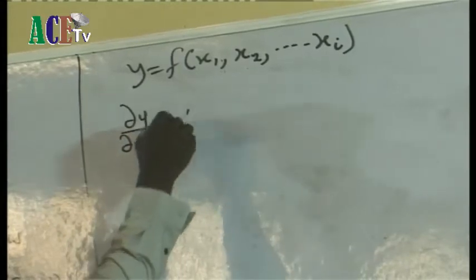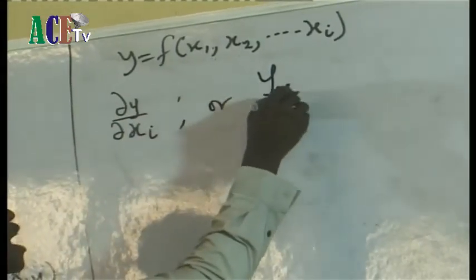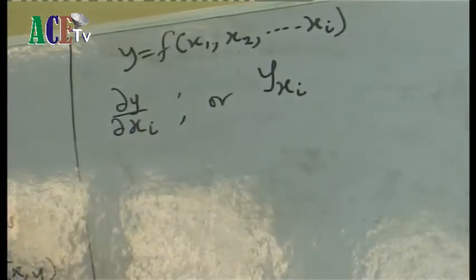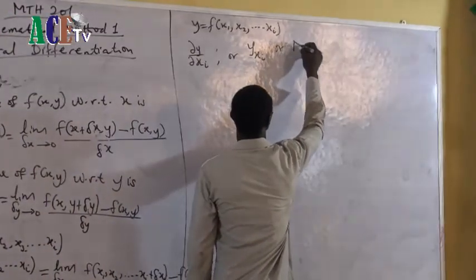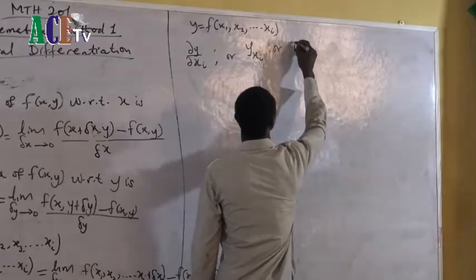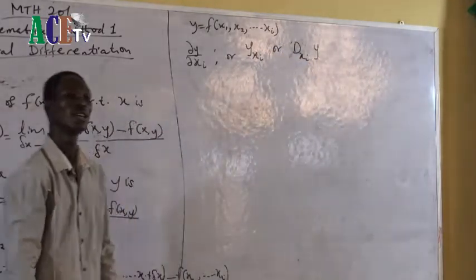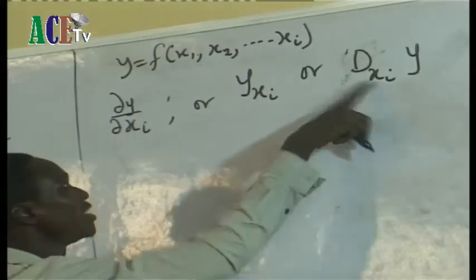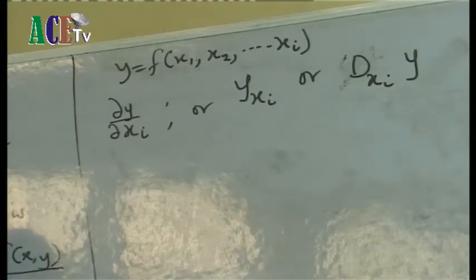I can still write it as y of xi, y subscript xi. I can still write it as a d, d of xi of y. Y is my function, and I'm differentiating with respect to this. That is just it. Then, what are the other ways?